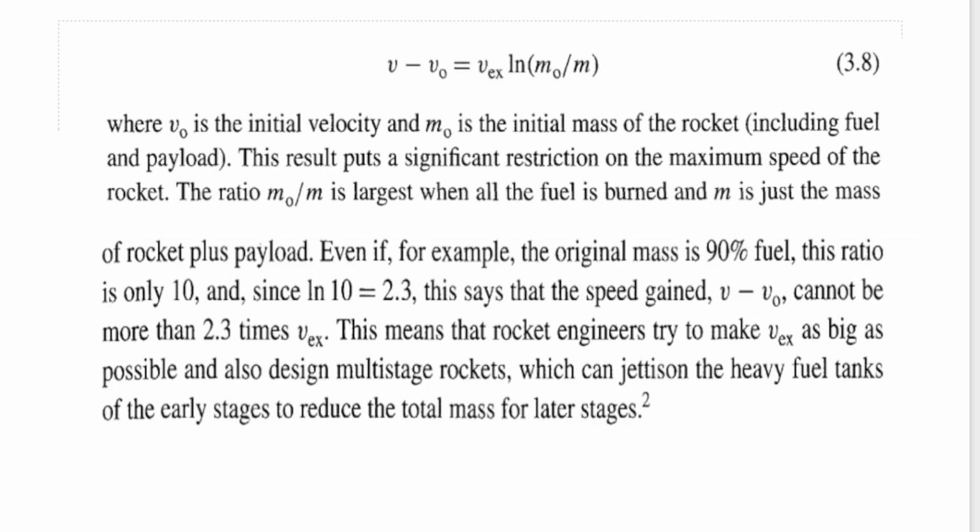Further, when we talk about the explanation, you can see where v0 is the initial velocity, m0 is the initial mass of the rocket. The result puts a significant restriction on the maximum speed of the rocket. So this ratio must be larger when the fuel is burned, and m is just the mass of the rocket plus payload.